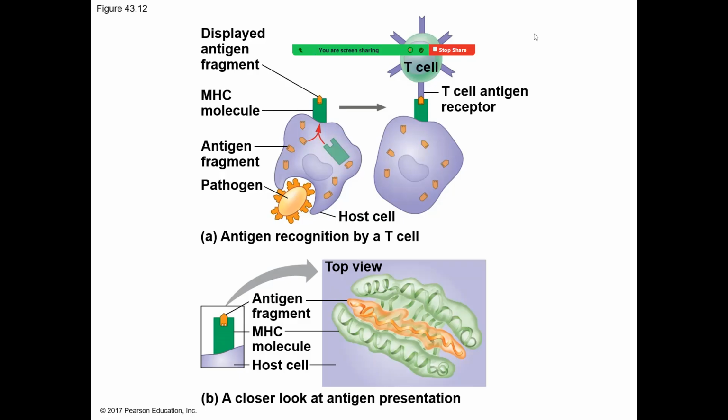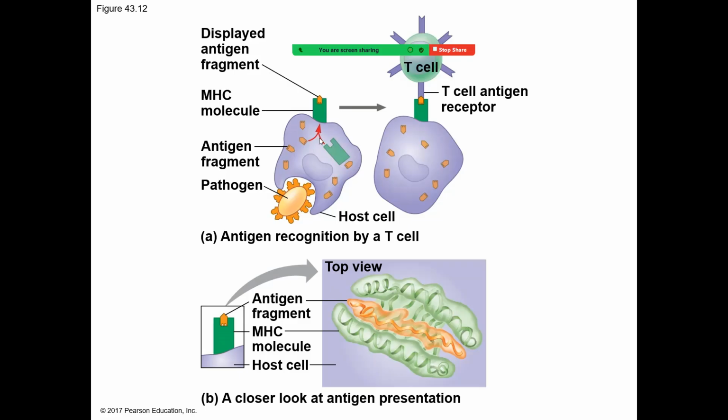Then you have T cells floating around, and T cells will come and see that there's an MHC molecule that has displayed a foreign pathogen, an antigen, and it's going to bind to that receptor. That will allow for T cells to propagate, to make new T cells, and to make lots more T cells.